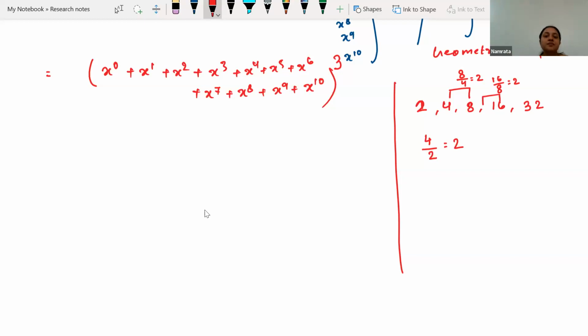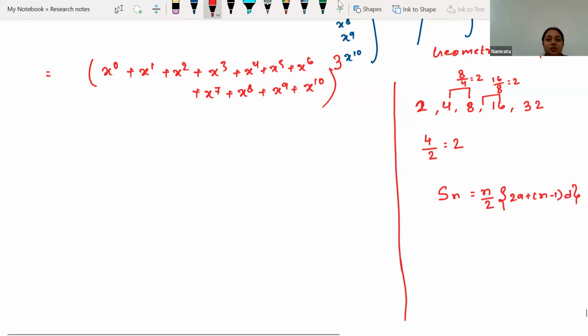And in arithmetic sequence in class 10, if you recall, there was a formula for the sum of n terms, n by 2 into 2a plus n minus 1 into d. Have you seen this formula for finding the sum of n terms in arithmetic progression? Yes, ma'am. Similarly, in geometric progression, for finding the sum of n terms, we have a rule.